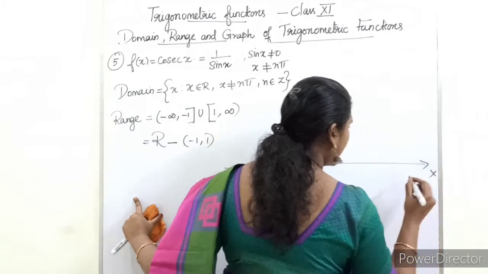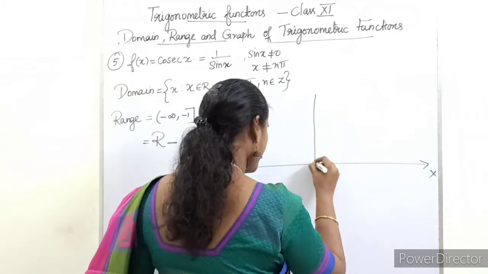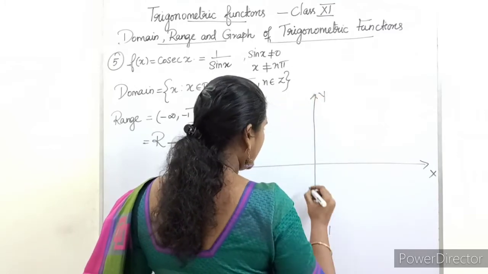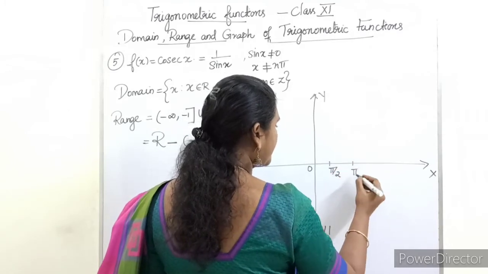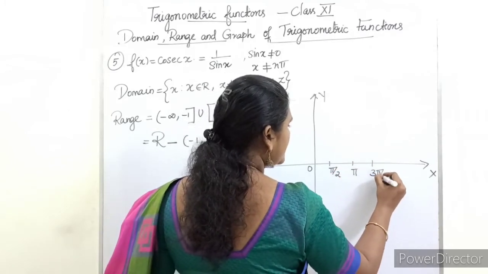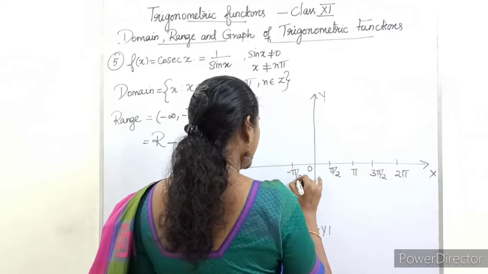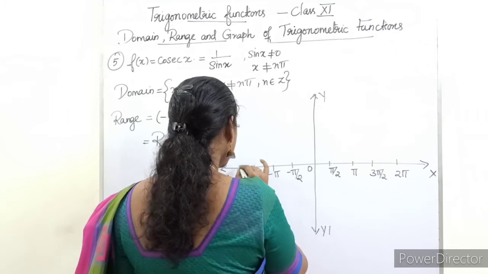So we will draw graph x dash, y dash. Here we have 0, pi by 2, pi, 3 pi by 2, 2 pi. Here we will have negative angle minus pi by 2, minus pi, minus 3 pi by 2, minus 2 pi.